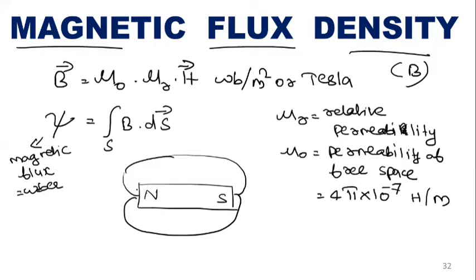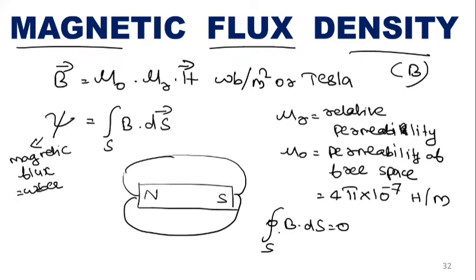So the magnetic field will be from north pole to south pole, right? It is not like electric flux coming out. It will be closed upon themselves. That's why we say integral B dot ds is equal to 0 over a surface, because magnetic flux lines are always closed upon themselves.